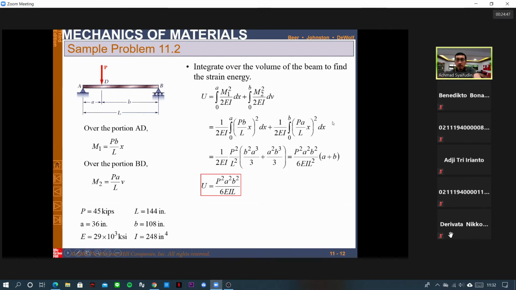So after you have the right formulation, then integrate for the total, and finally you will get the strain energy, based on this formulation. Okay, any questions on this sample problem?